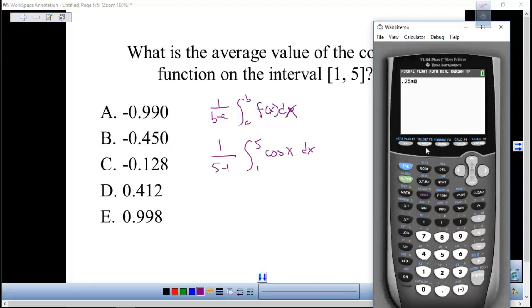It's alpha and window, function integration number 4. Then fill in all the holes: 1 to 5 of cosine x dx. Hit enter, and you end up with negative 0.450098814. Just to double check, I'm going to make sure I am in radians. Yes, I am. So that's my answer, answer B.